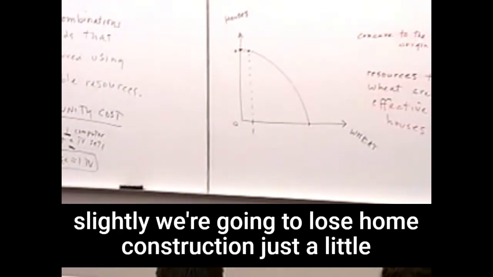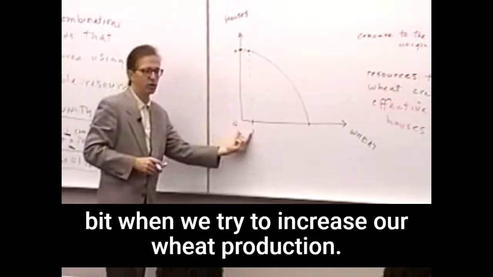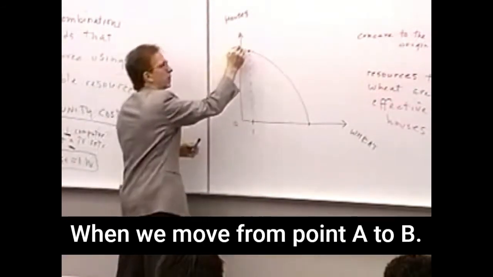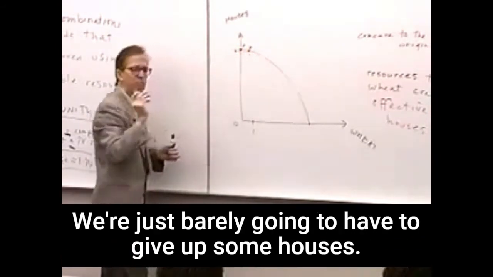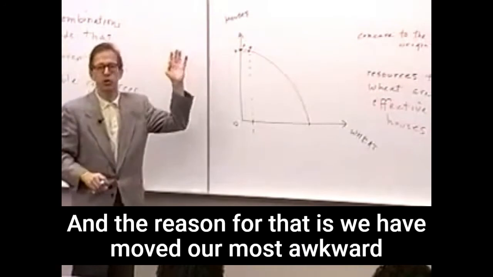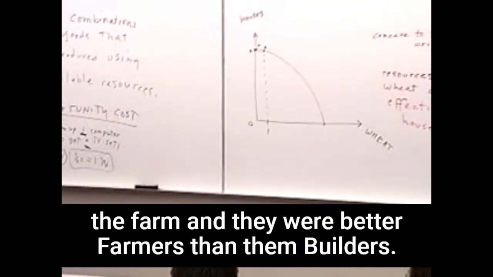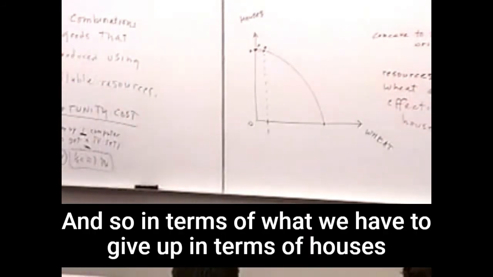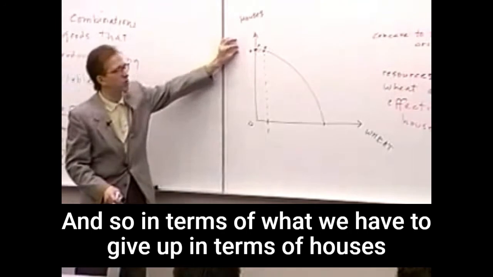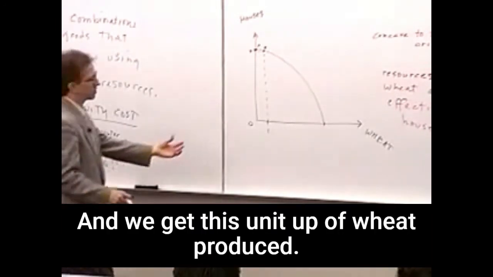We're going to lose home construction just a little bit when we try to increase our wheat production, when we move from point A to B. We're just barely going to have to give up some houses, and the reason for that is we have moved our most awkward carpenters out of the housing construction business onto the farm. And they were better farmers than builders. And so in terms of what we have to give up in houses produced, not very much. And we get this unit of wheat produced.